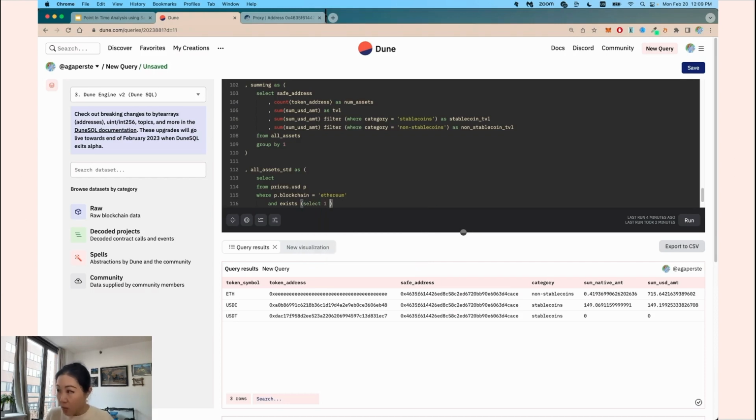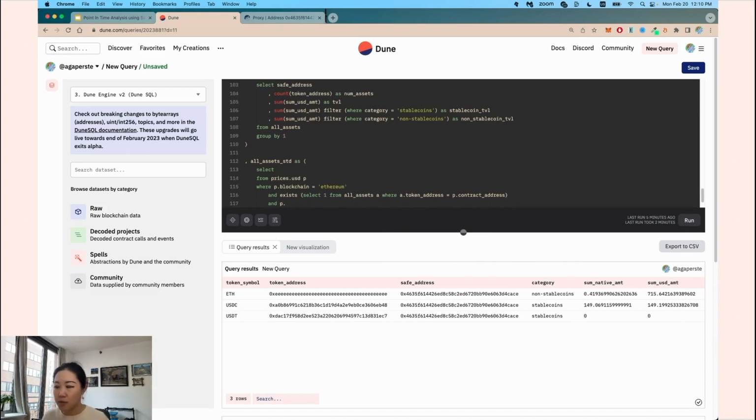Select one from, and here we want to do all assets A, where A dot token address is equal to our P dot contract. So matching up the contract address with the token address here to filter for the price we care about. Then we're going to filter for the prices in the past 3 months.